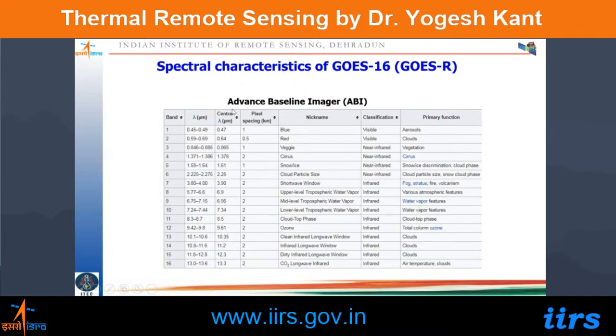geostationary satellite, and it has the Advanced Baseline Imager, ABI, that is the sensor, and it has 16 wave bands, and there are specific channels for the thermal infrared. So shortwave, middle, and longwave thermal infrared. As I said, channels 6 and 7 are mostly for the clouds and water, and channels 10, 11 and 12 are for our ground features.